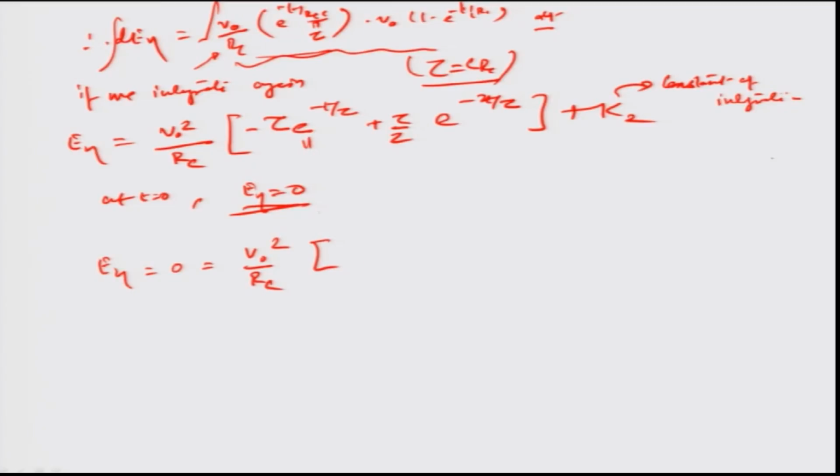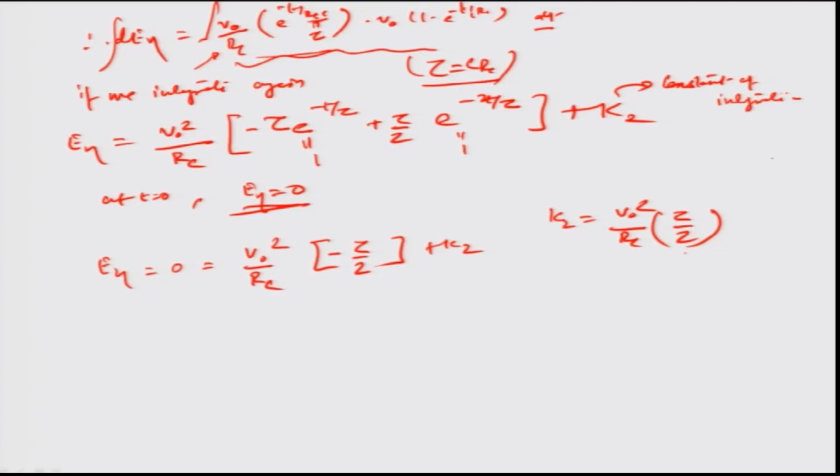This guy becomes equal to 1, and so does this. So, we have this times tau by 2 with a minus sign plus K2 equals 0, or K2 is basically V0 square times 1 by RC times tau by 2.